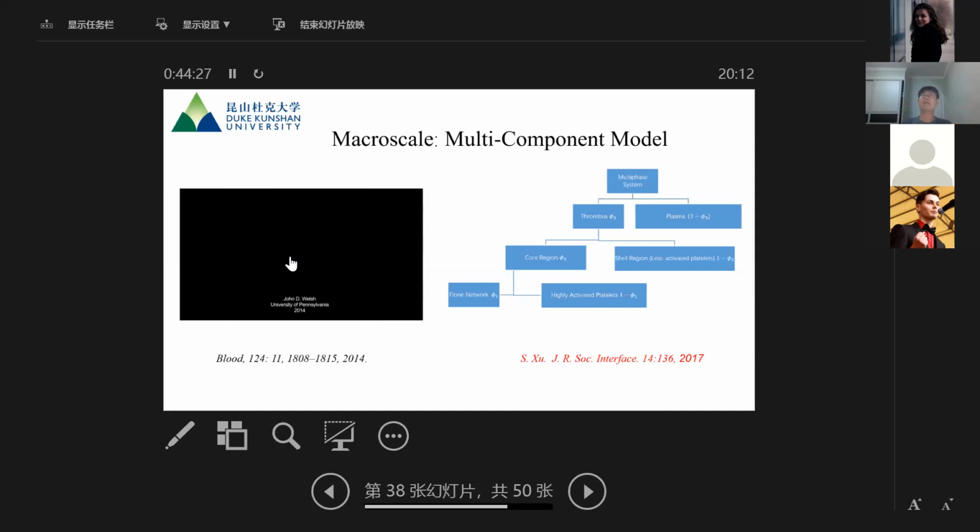But here, because I have 3 or 4 components, I have to introduce several labels to distinguish the first fluid, the second fluid, the platelet fiber network, and the core region and the shell region. So this shows a binary tree to label different fluids or different components.